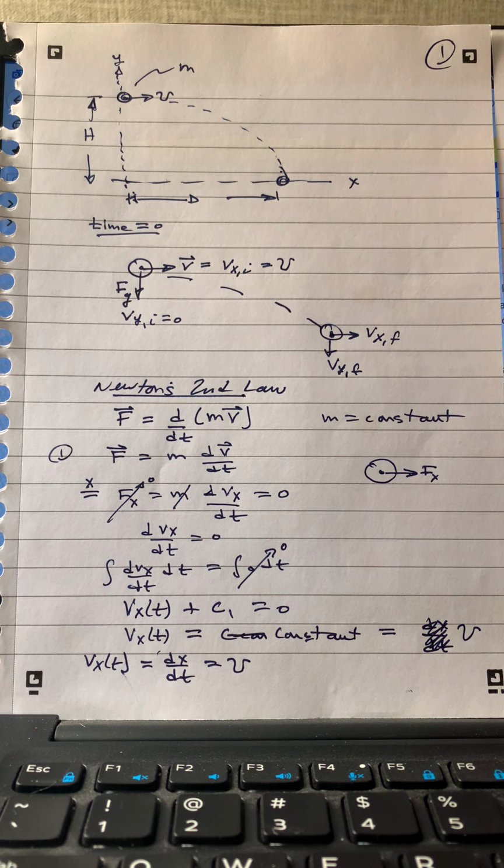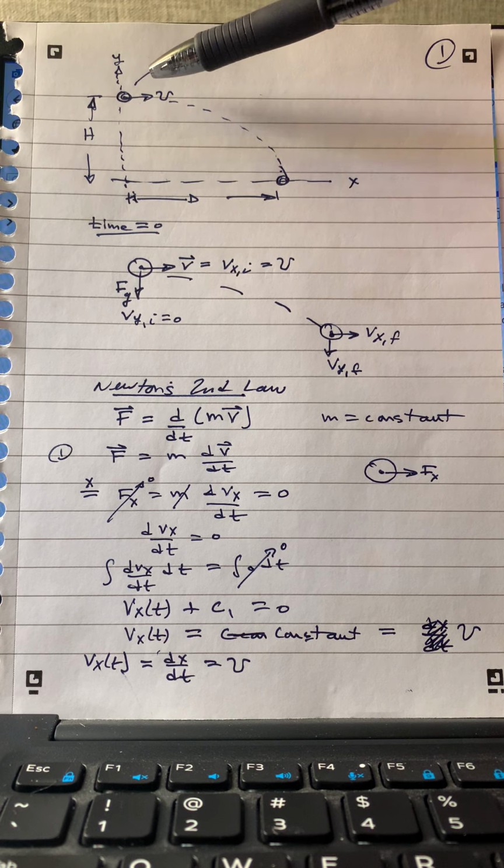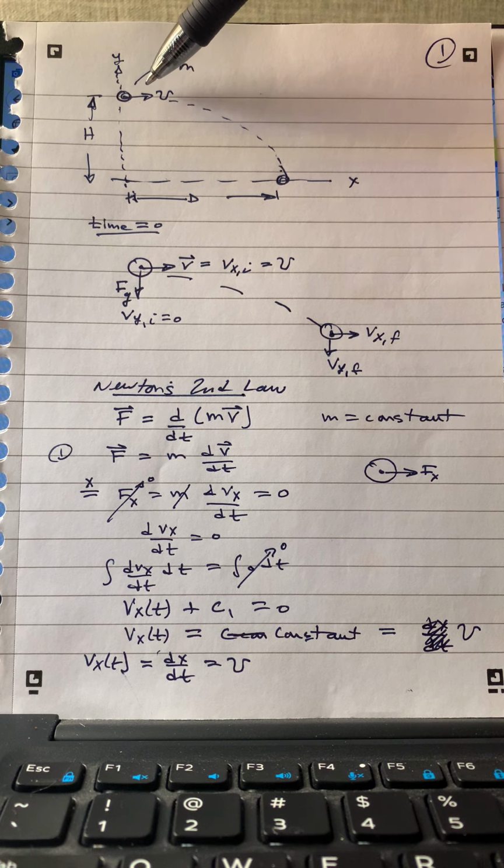All right. So we have a ball or any object, neglecting air resistance, thrown perfectly horizontally with respect to gravity.